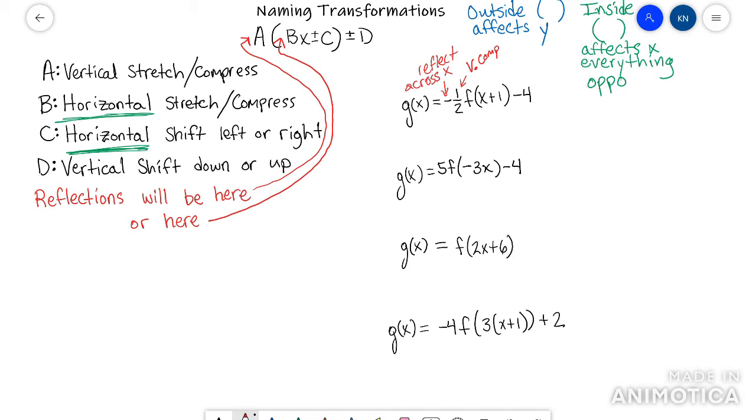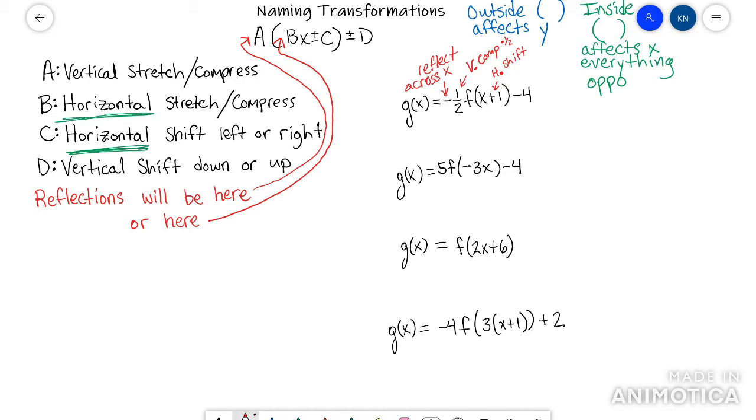And some teachers might want you to put times 1/2 to get more specific, but okay, this next one, this +1, this is inside the parentheses. So that means it affects the x. So that means I can instantly know it's horizontal. Now, if it's in the C slot right here, it's always a shift. So this is a horizontal shift. I just have to figure out left or right.